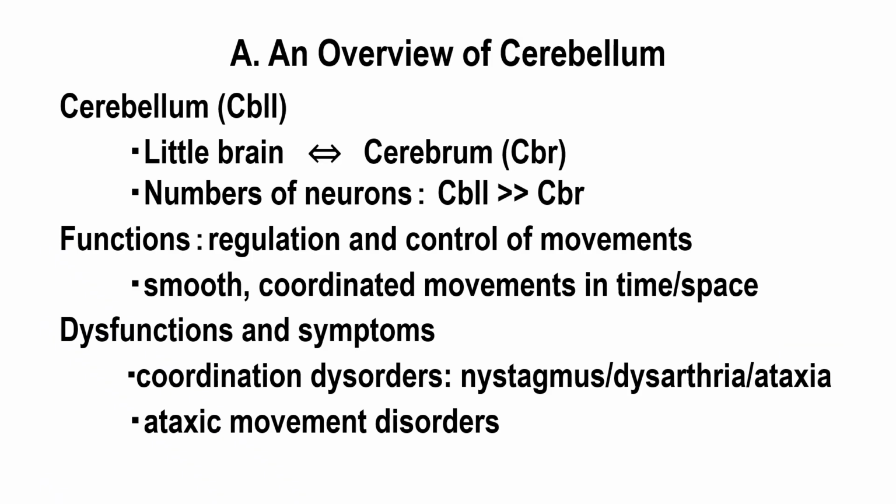On the other hand, focusing on the number of nerve cells, that is, neurons, the cerebellum accounts for 80% of the total number of neurons in the brain, indicating a higher neuronal density in the cerebellum compared to the cerebrum.